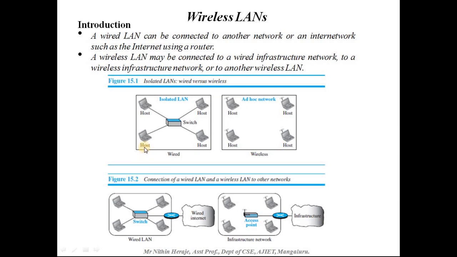In this video, I will be discussing wireless LANs. So just an introduction to the wireless LAN. As you can see, these two diagrams over here. This is a wired LAN, whereas this is a wireless network, which we call an ad hoc network.